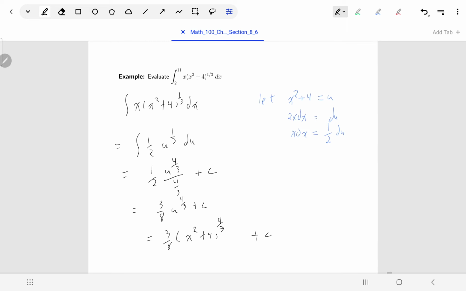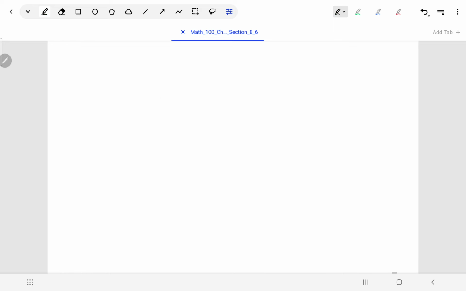So right now what we've done is we've found an antiderivative for the indefinite integral. It's 3/8 (x squared plus 4) to the 4/3 plus constant c. Of course, you can ignore the plus constant c because what we're going to do now is look at the definite integral side of things.